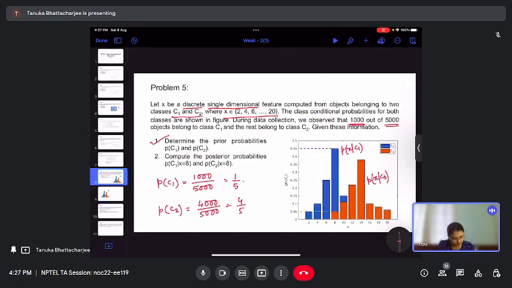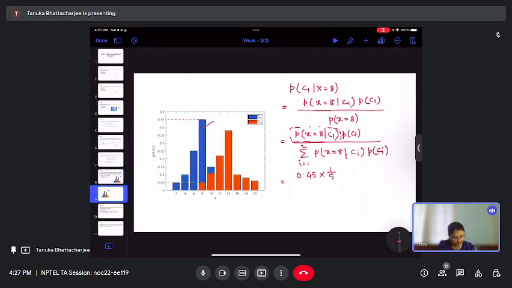So, this into 1 by 5 divided by, first if I take i equal to 1, then this is the same term as the numerator, probability of x equal to 8 given C1 into probability of C1. Plus, if I take i equal to 2, then we are considering the class conditional for class C2, which is this orange histogram.